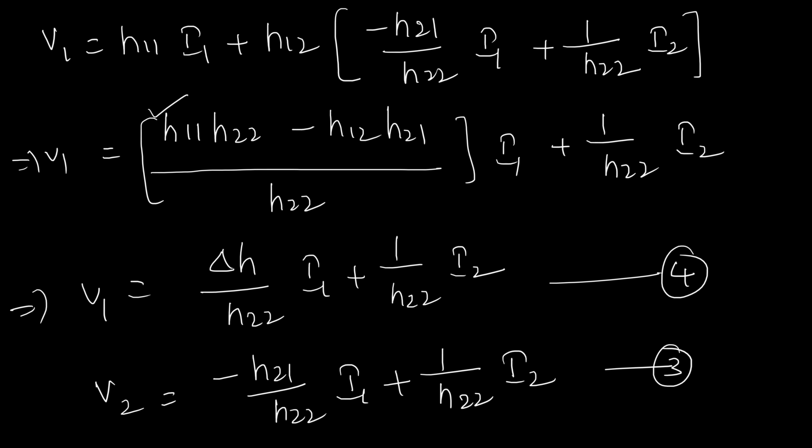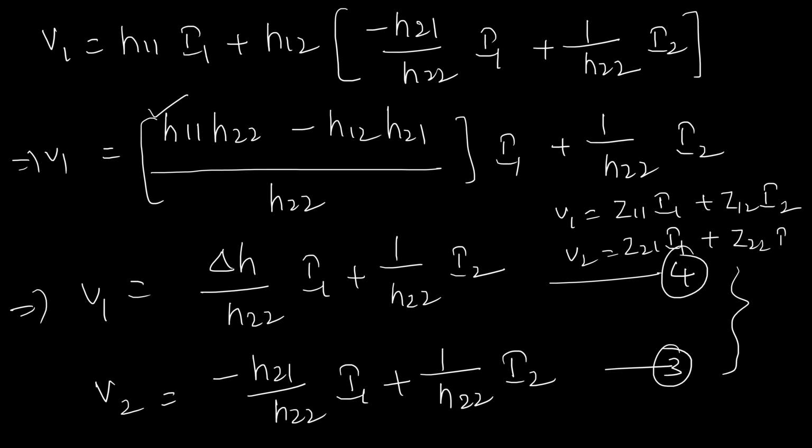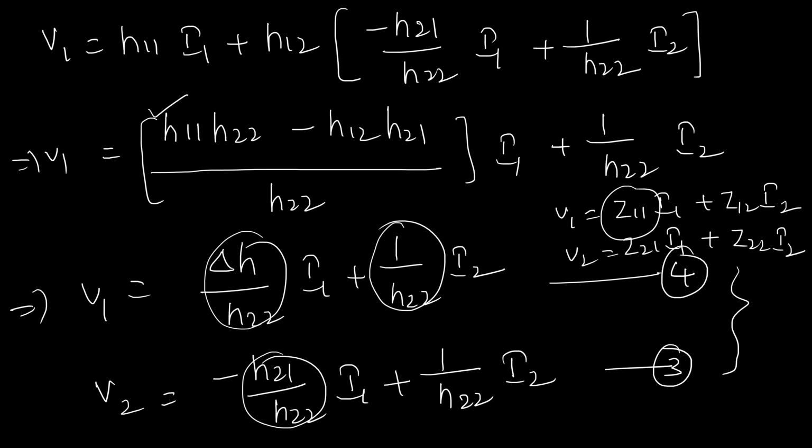Now compare these two equations with the standard equations of the Z parameters: V1 equal to Z11 into I1 plus Z12 into I2, and V2 equal to Z21 I1 plus Z22 I2. So now what is Z11? Simply this part. This is Z12, this is Z21, and this is Z22. In this way we can express Z parameters in terms of hybrid or H parameters.